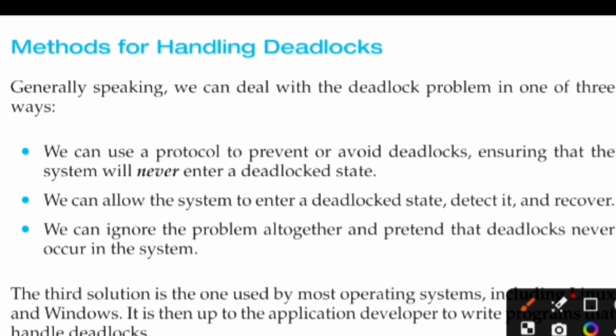So it is their responsibility and not the responsibility of the operating system. This is also a method for handling deadlock, even though it looks like a strange method.